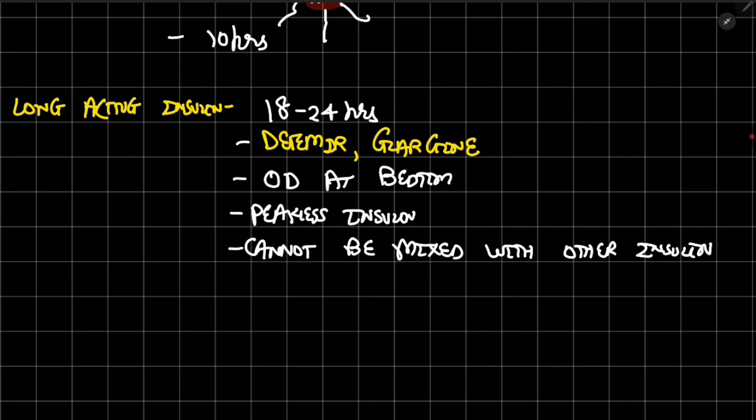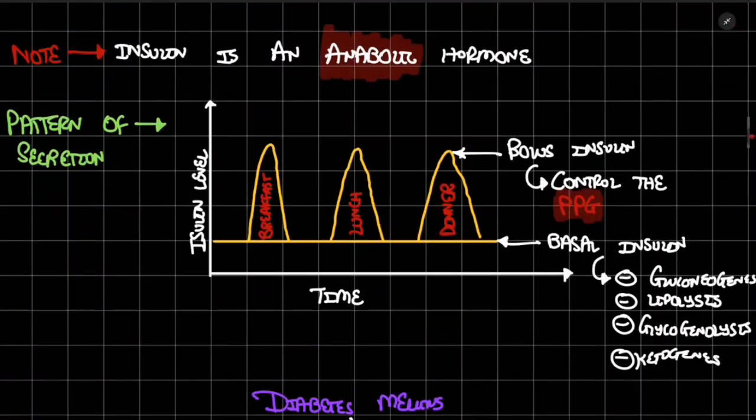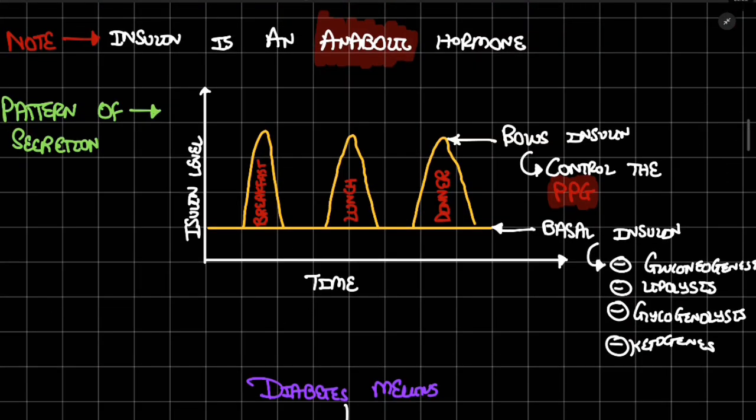Now since we have reached long acting insulin, we are ready to know one more concept: the pattern of secretion. When a person eats a meal, for example breakfast, we will require some insulin which is very short acting, with a rapid onset of action. And in the intermeal period, we will require the basal insulin.